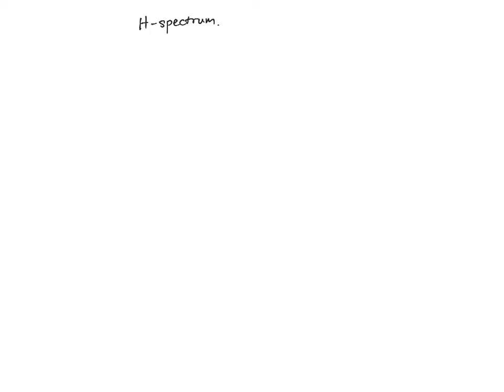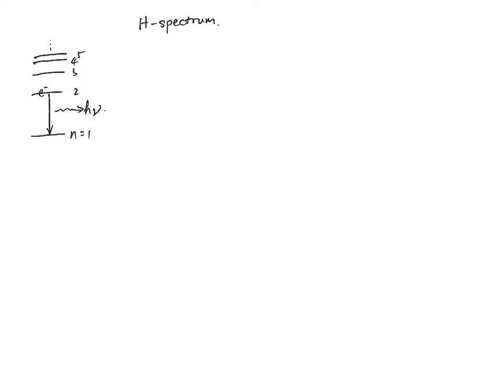These are the energy levels, n equal to 1, 2, 3, 4, 5, and when an electron jumps from a higher energy level to a lower energy level, the extra energy is released in the form of a photon.